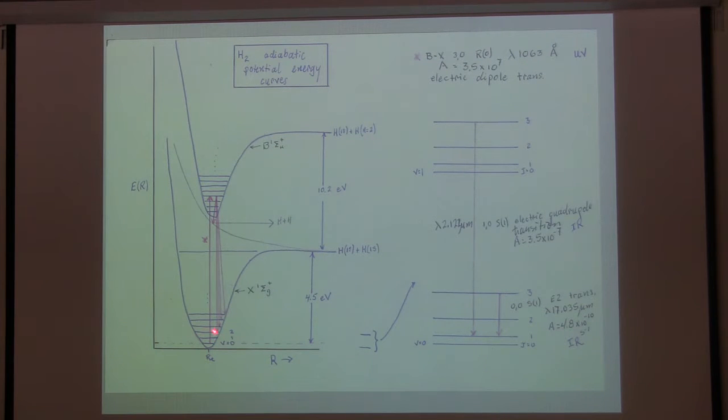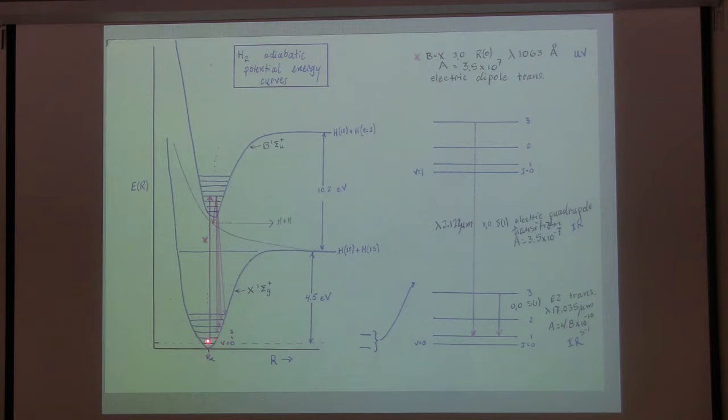With the red arrows here, I want to illustrate what happens to a hydrogen molecule in space exposed to at least some of the ultraviolet starlight. Most of the hydrogen molecules, most of the time, are in the lowest state of vibration, but they may have some distribution among rotational fine structure levels within that.